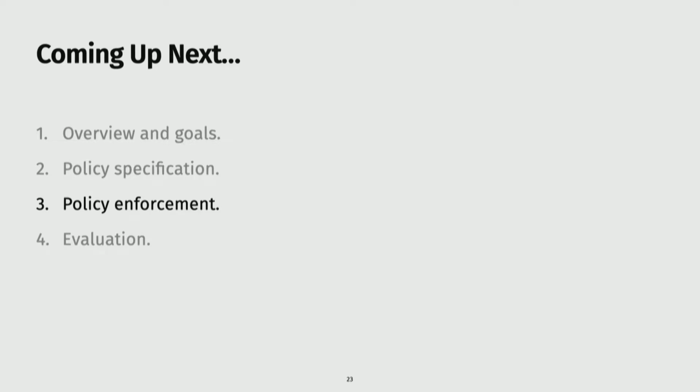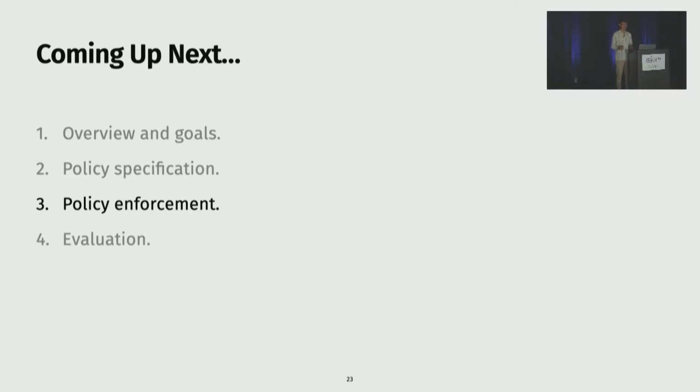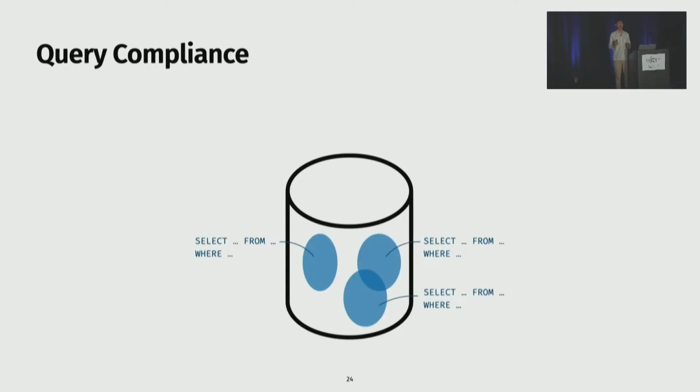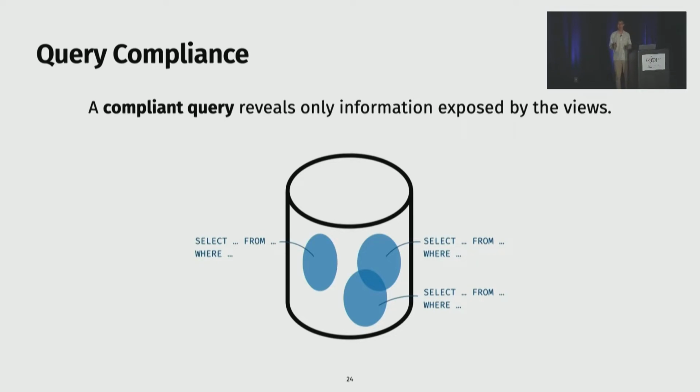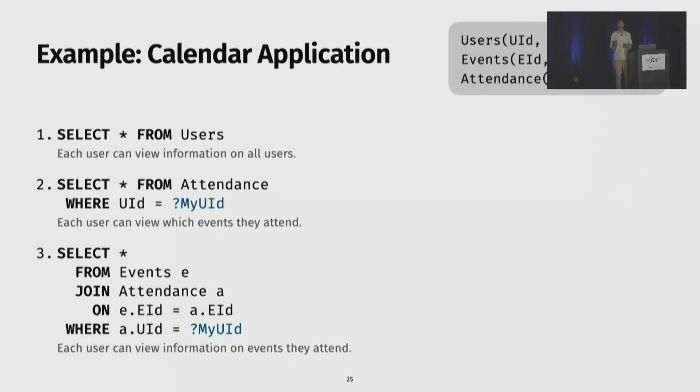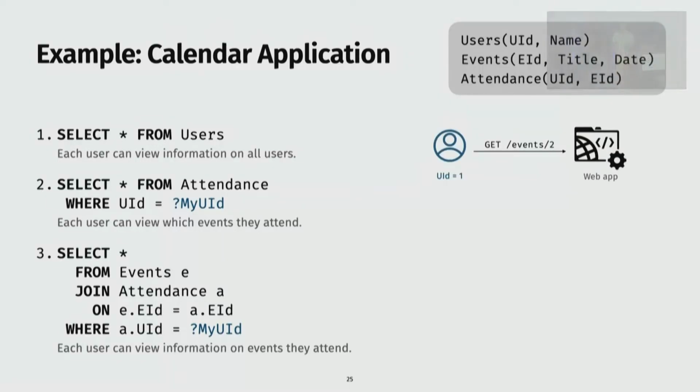Now, given a policy consisting of views, how does Blockaid enforce it? To answer this question, let me first explain what it means for a query to be compliant with a policy. A compliant query is one that reveals only information exposed by the views, but nothing outside of it. Returning to our example, suppose a user with user ID 1 requests details on event number 2.